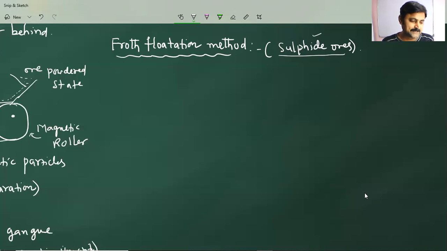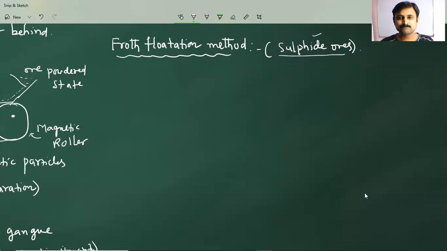In this method, we will have an idea. That idea is nothing but suspension of powdered ore is made with water. Earlier we told in the hydraulic washing, we used to wash the ore with an upward stream of water. That time also the ore and gangue particles came in contact with water.